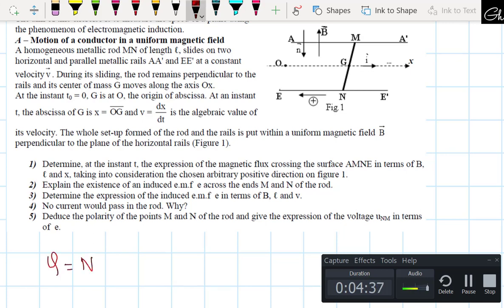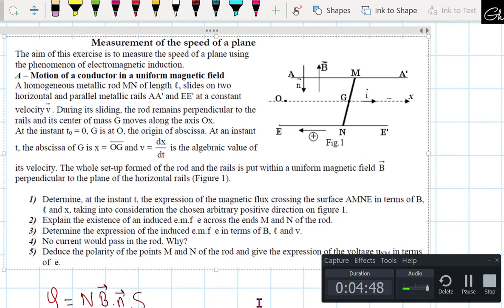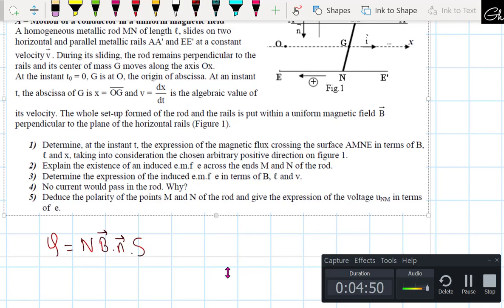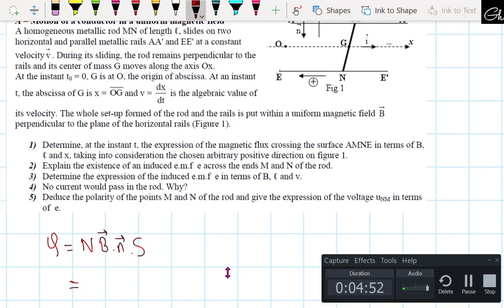Okay, so to find the magnetic flux, we can just write first of all the formula, which is N, capital N, multiplied by the magnetic field B and small n vector, finally S. Capital N represents the number of loops. Here we have one loop, so it's going to be just 1. And B dot n, we can change it into magnitude. It will be B times S times cosine the angle between B and n.